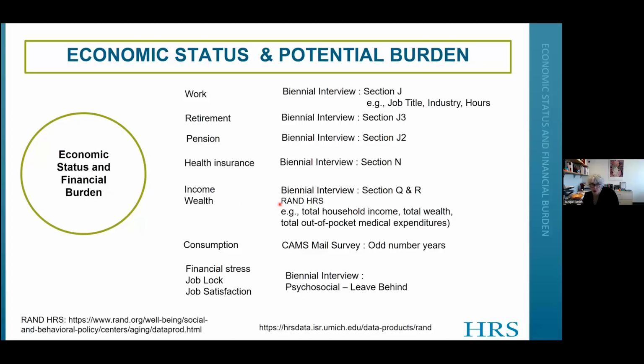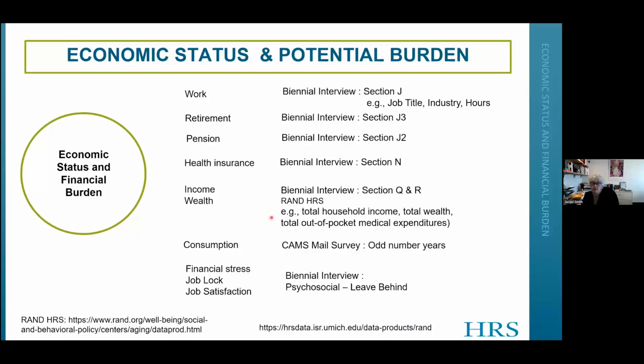But there's a cooperative agreement with RAND in Santa Monica, and they produce very nice composites of, for example, the total household income or the individual's income, putting a mass of variables all together, the total wealth of an individual, the total out-of-pocket medical expenditures.